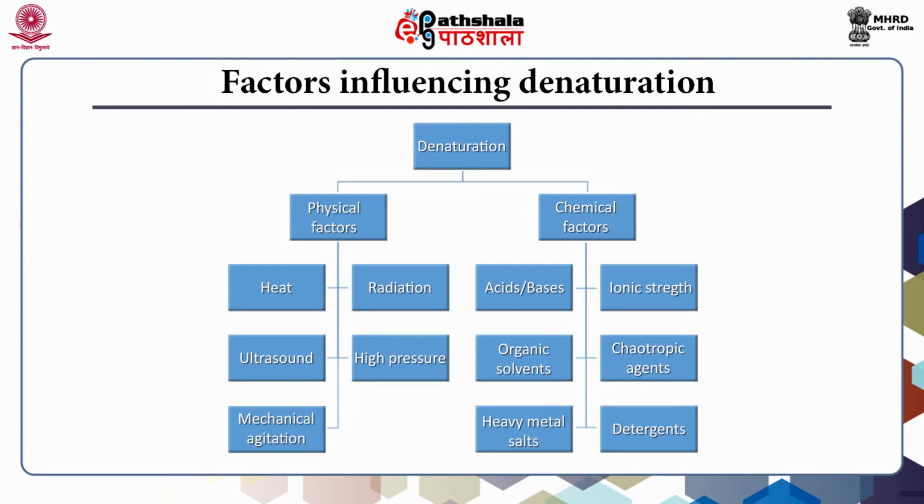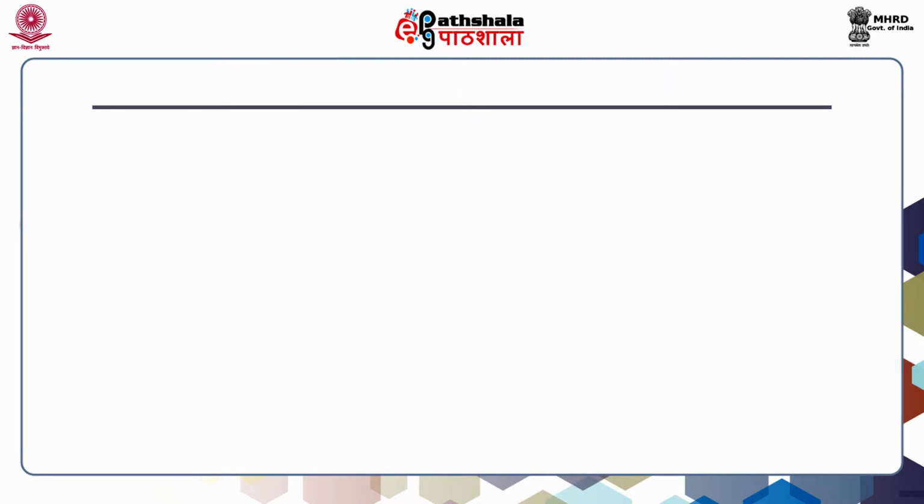We will look at the mechanism of enzyme denaturation by some of the major factors in the following section. Effect of pH. A change in the pH alters the stability of a protein structure and causes its denaturation.